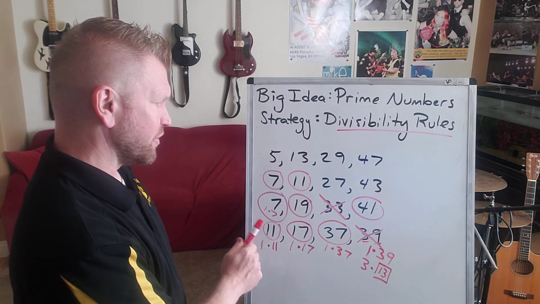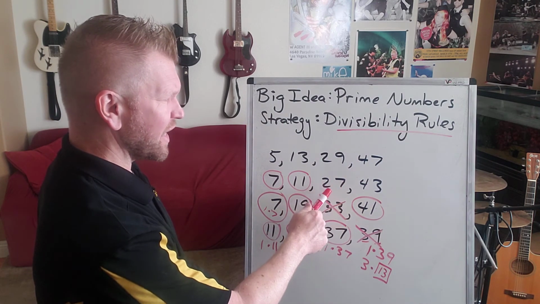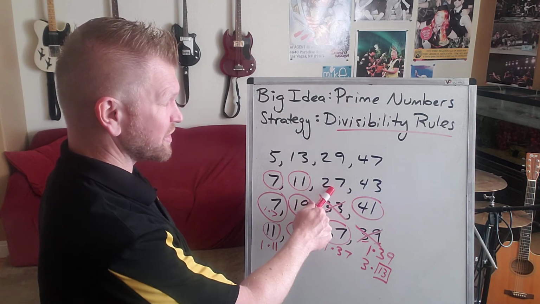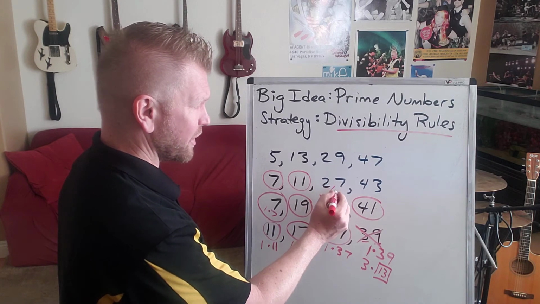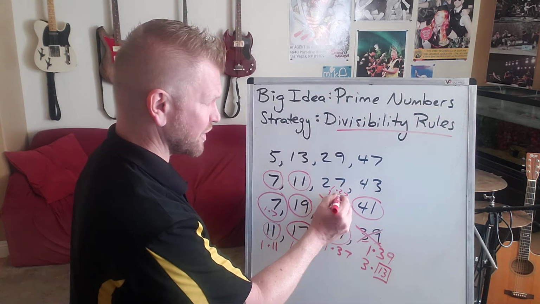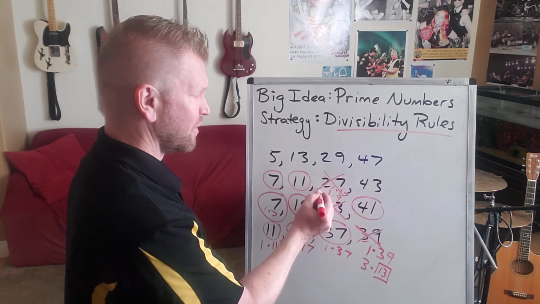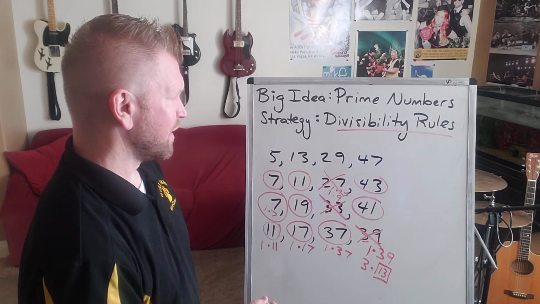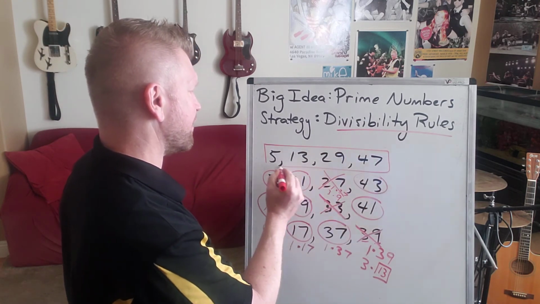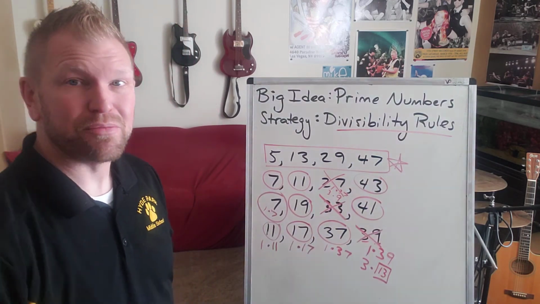We already checked both of those. 7 plus 2 is 9. 3 divides into 9, and 3 also divides into 27. So this is divisible by 1, and 27, and 3, and another number. Turns out it's 9. And so that is not a prime number. 43 is a prime number. But it turns out in this list right here, all of these are prime numbers. So that's the answer we want. All of those are prime numbers.